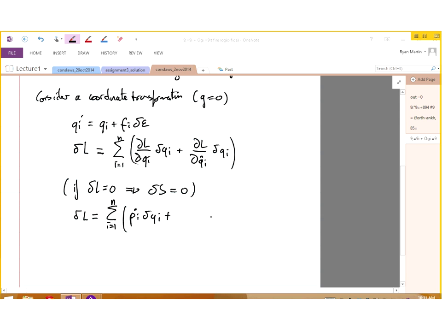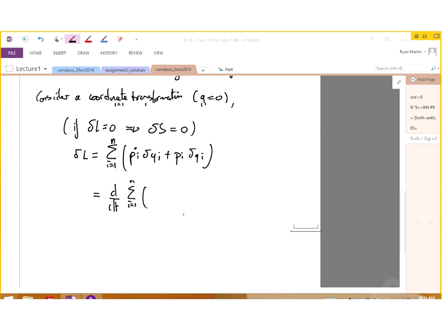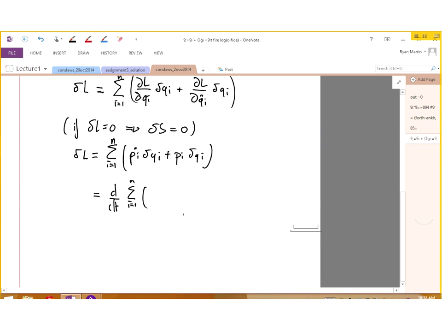That's the definition of pi. And so this is the exact term we had earlier in our integral. So we can write this as the time derivative of the sum from i equals 1 to n of pi delta Qi.